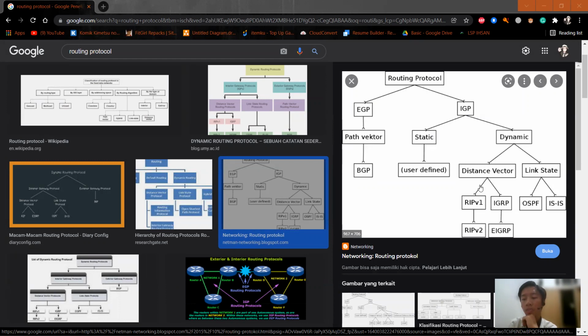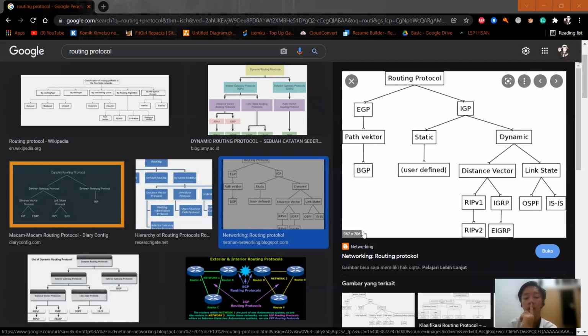In distance vector, we have RIP version 1, which now has become version 2, and EIGRP. And in link state we have routing OSPF and IS-IS.